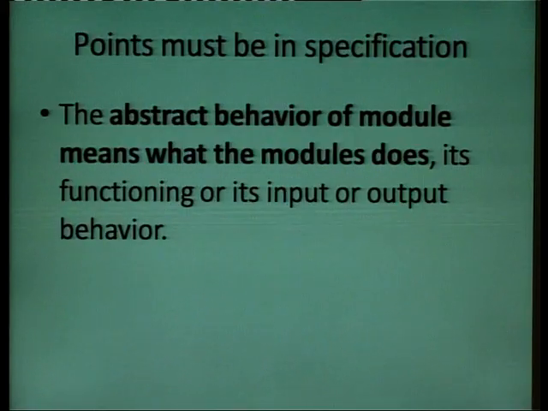The next point is the abstract behavior of a module, meaning what the module does, its functioning, or its input or output behavior. That can depend upon the functioning of the system, the functioning of the modules, or their input or output behavior.